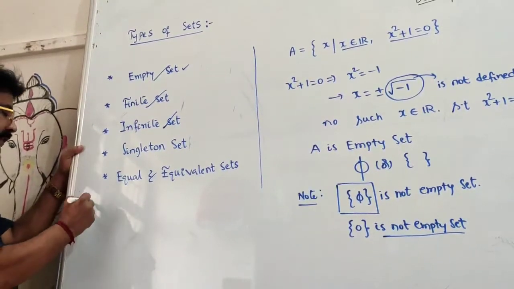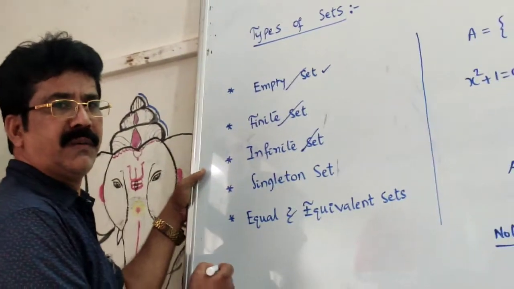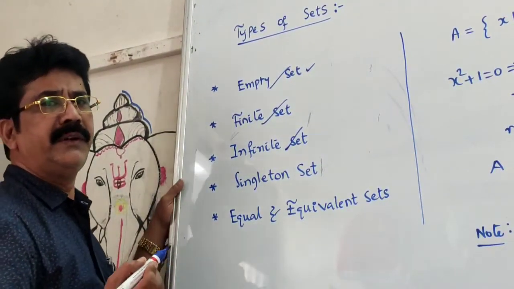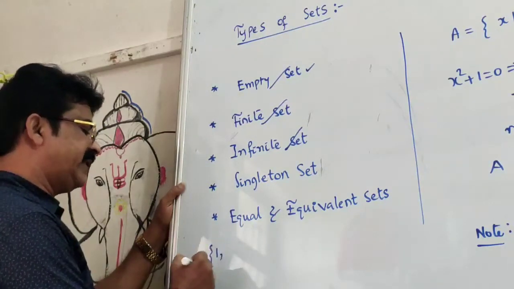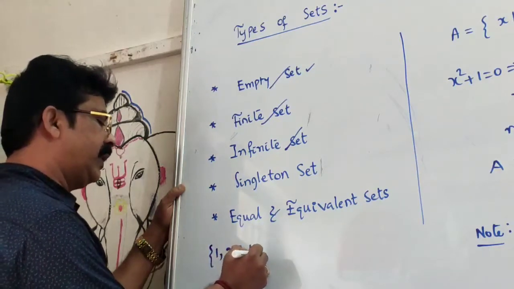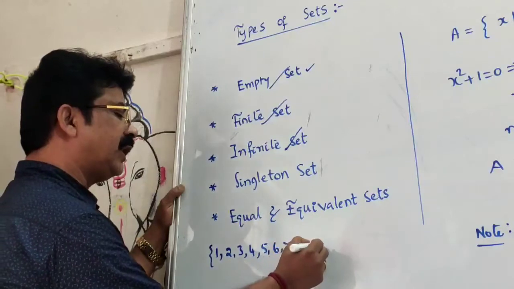Infinite set means, for example, we already know the natural number set. What is the definition? Natural numbers mean counting numbers, starting with 1, 2, 3, 4, 5, 6, 7, 8 and so on.